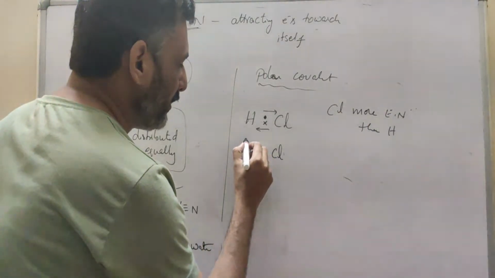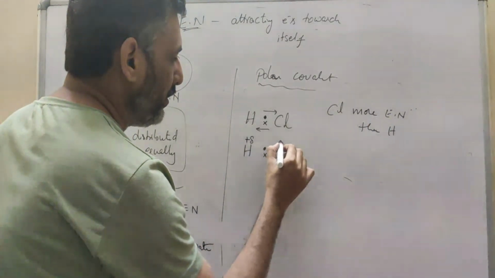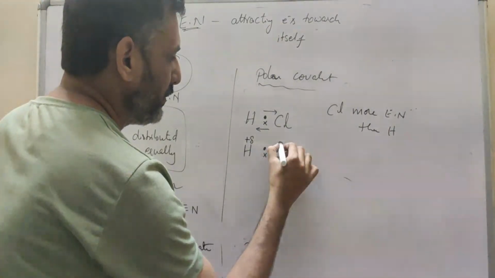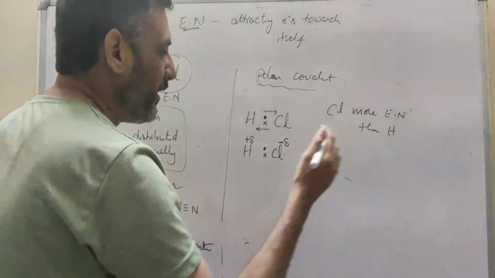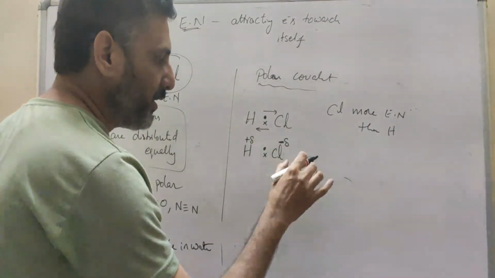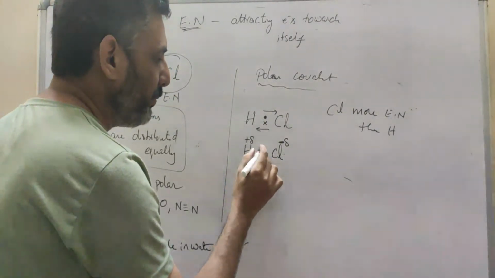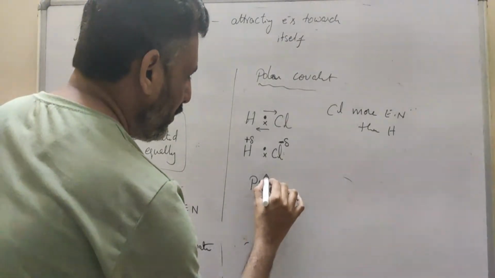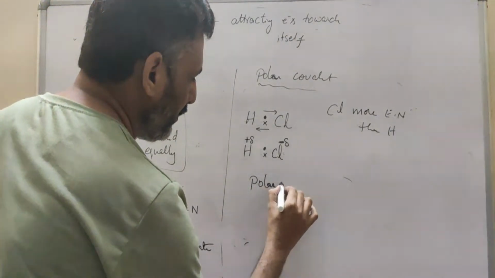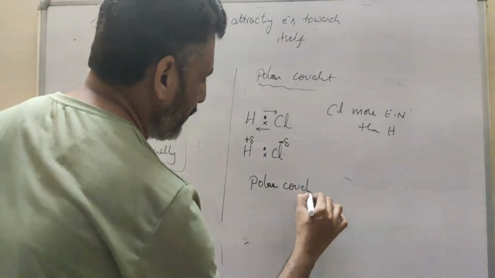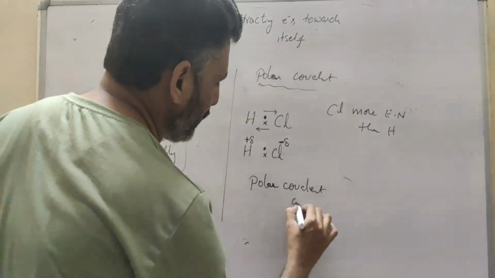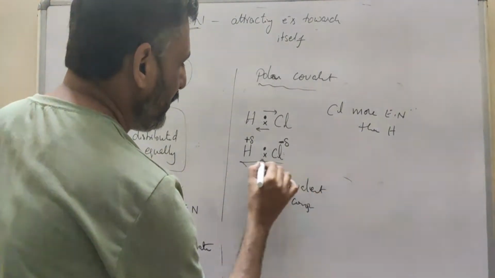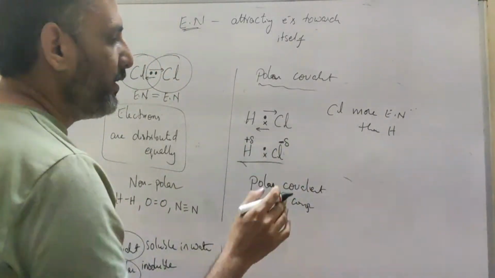So this causes polarity on both the atoms. The one which is taking electrons becomes partial negative, and hydrogen will become partial positive. So this is called polarity or polar covalent compound. That means here the electrons are not equally distributed.